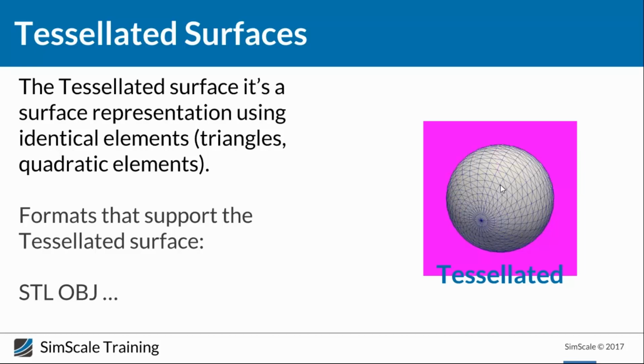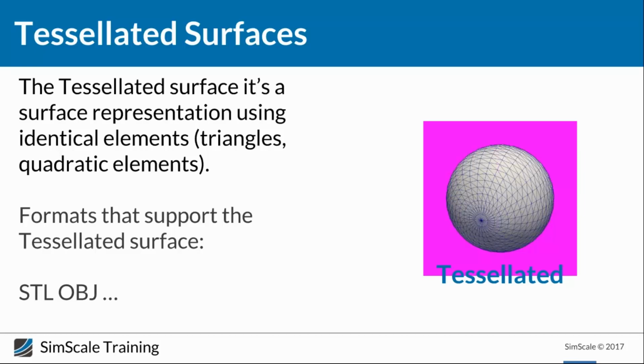Usually these formats are mainly available in software that is more for 3D modeling than CAD software. Other software mainly relies on this approach, but also most of the CAD software, if not all of it, has the capability to export this type of surface. Some formats that we can find with the tessellated surface are, for example, the STL or the OBJ.